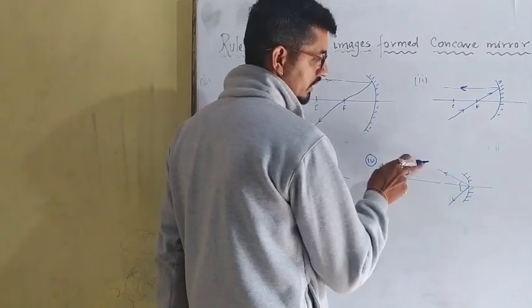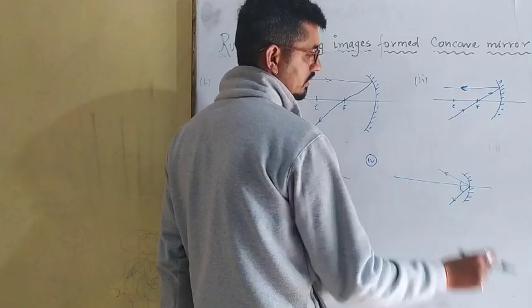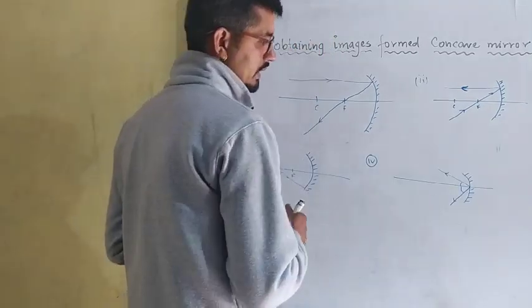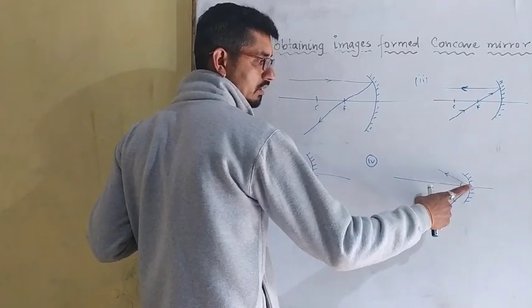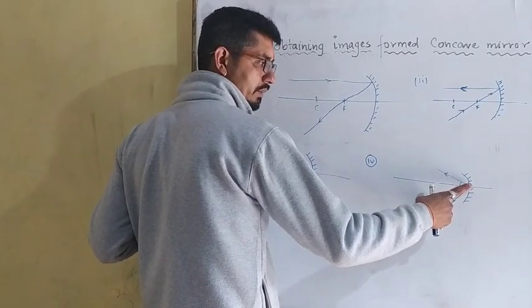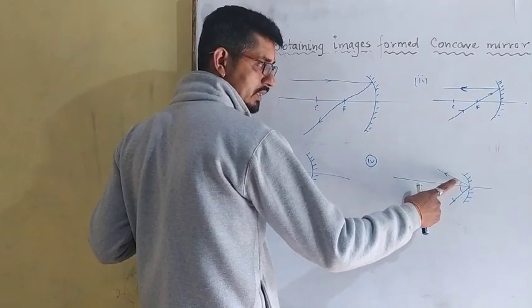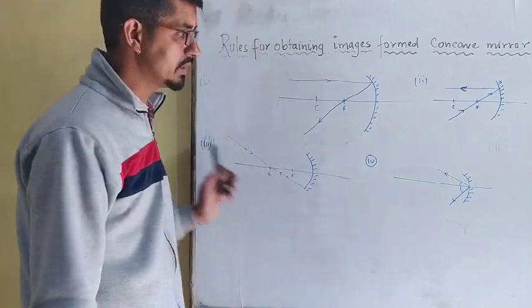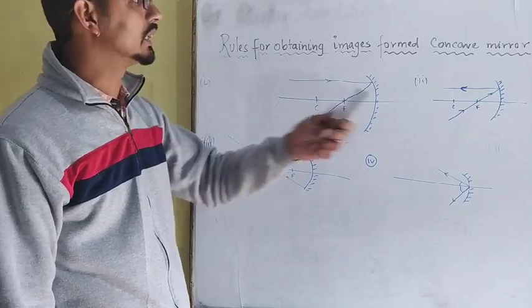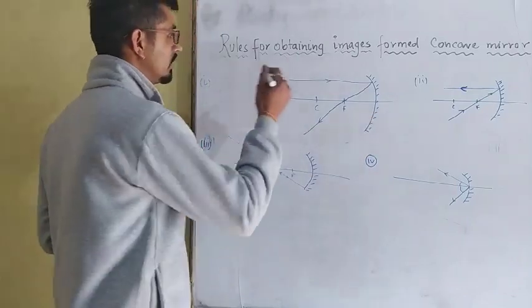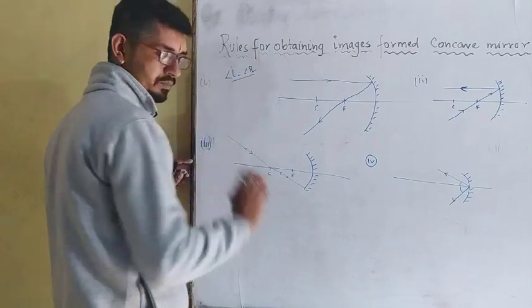Okay, the fourth one, by which angle? That means, let's suppose a light ray is incident at the pole of the concave mirror, after reflection it passes by making the same angle with the principal axis. That means this angle will be equal to this angle. Here as well, angle i equals angle r. This will remain equal in all cases.